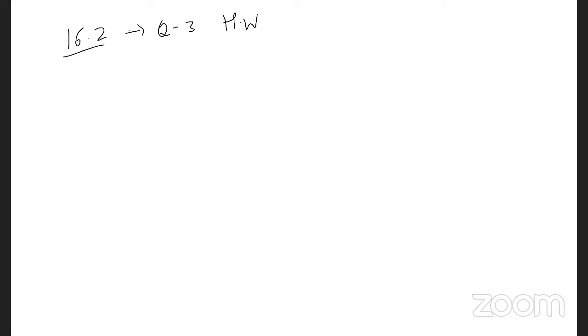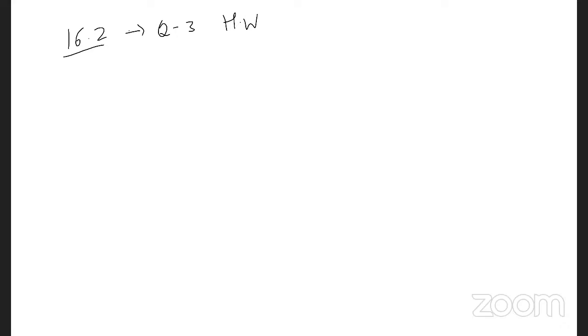Then see how many are half, but I cannot see any which are half. Either they are less than half or more than half. Then you see how many are less than half and how many are more than half.